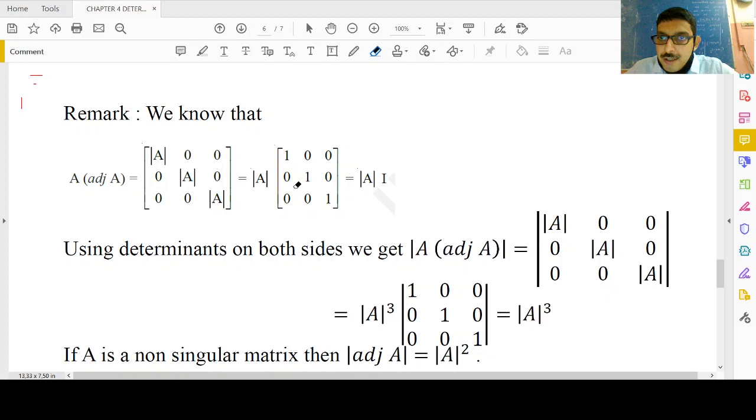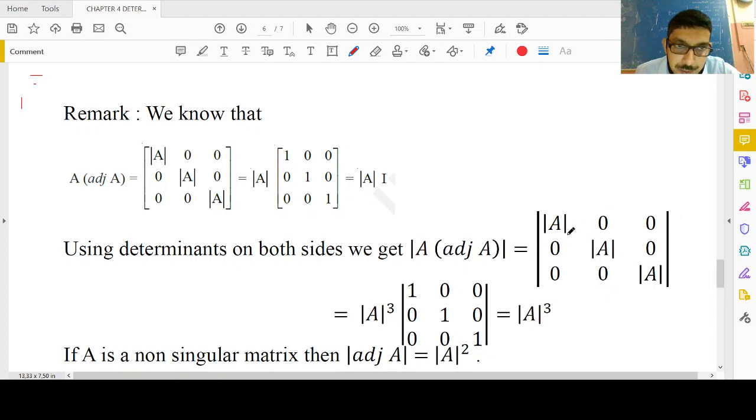Now in the first theorem we have seen that A into adjoint of A equals determinant of A into identity. Now if you take determinants on both sides, this will become determinant of A into adjoint of A equals determinant of this matrix.